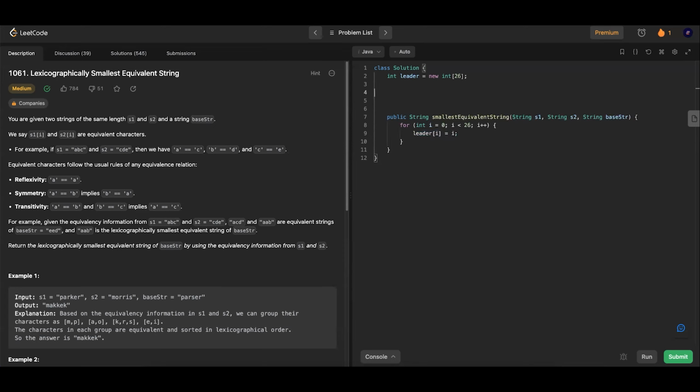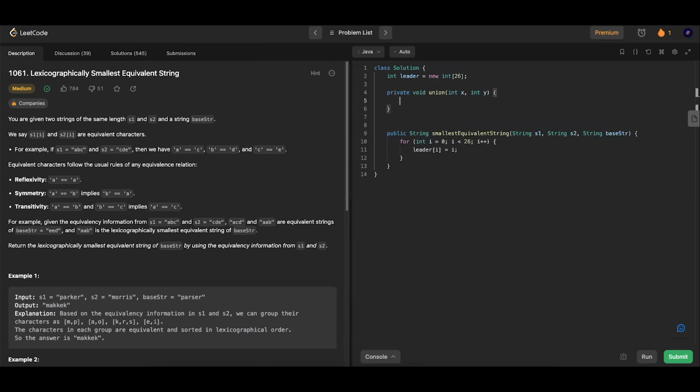And now let's implement the union function. Private void union int x, int y. Here we are considering the characters as integers, A to 0, B to 1, and so on.